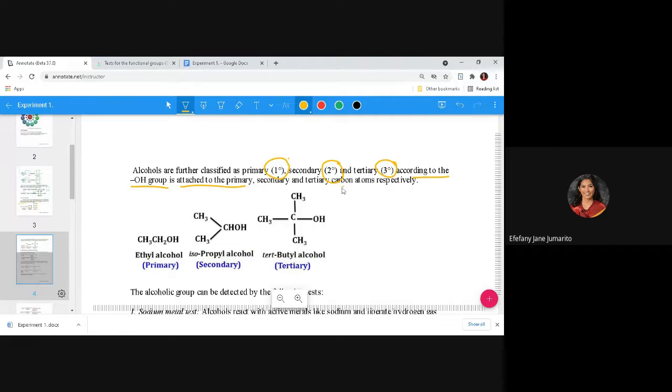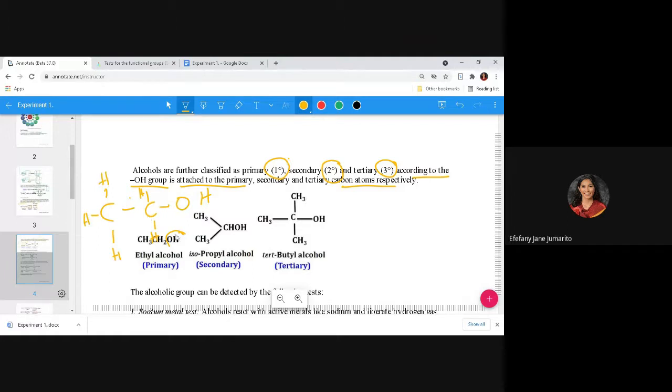We know that in ethanol, we have C and C, and then we have OH, and H, H, H. This one is your ethanol.